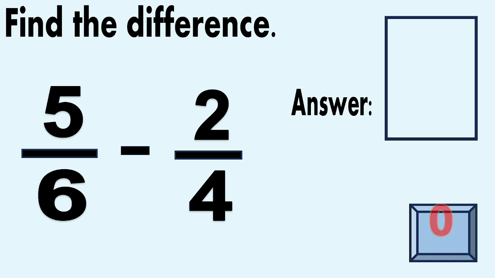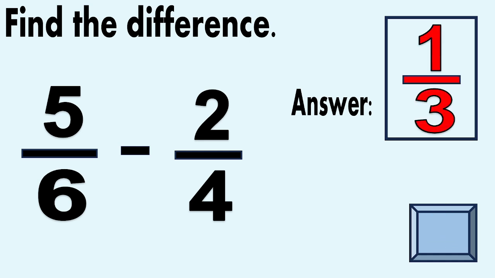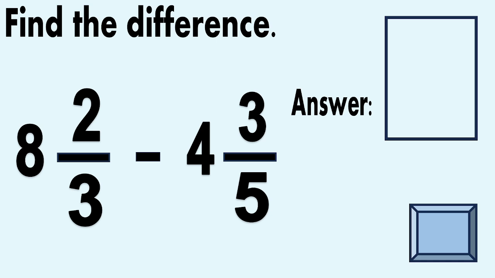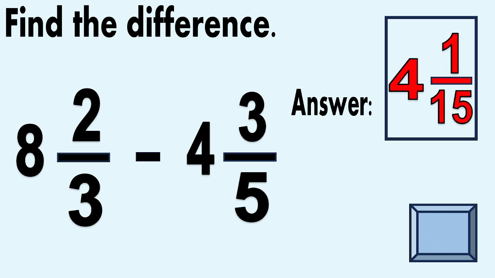Time's up. The answer is 1/3. Next, 8 and 2/3 minus 4 and 3/5. Time's up. The answer is 4 and 1/15.